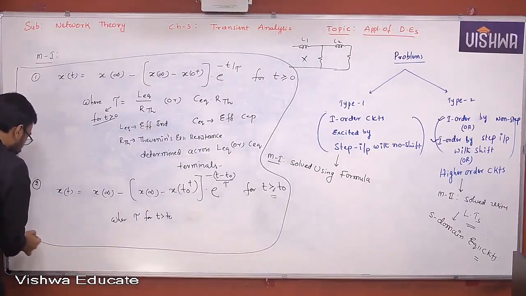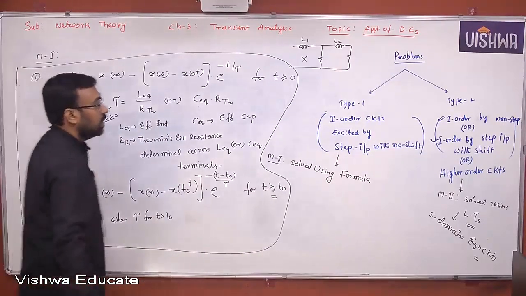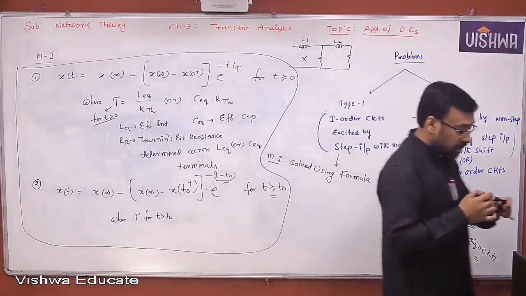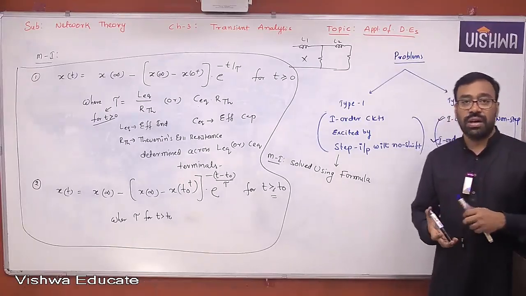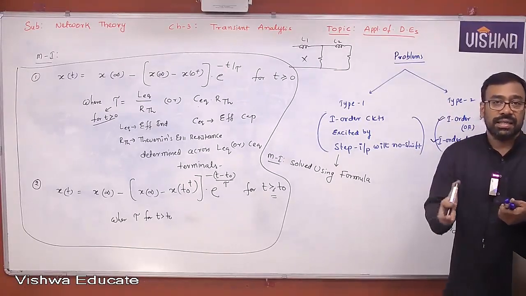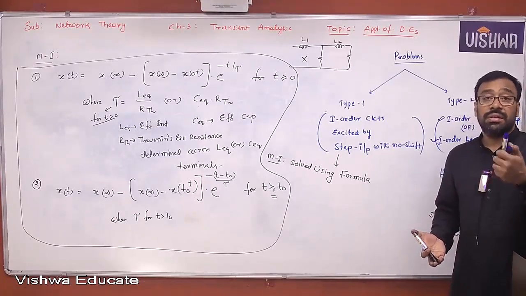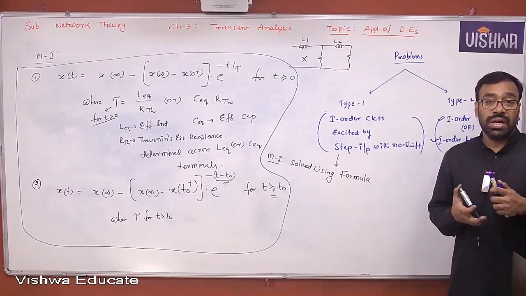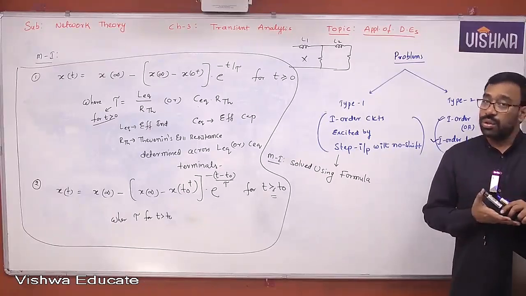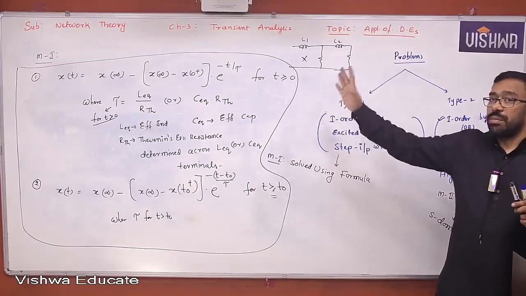If you know this formula, I'm sure that you can solve 90% of the problems, because so far the problems asked in GATE or IES or even any government undertaking company written test, you see all the problems are based on this formula only.